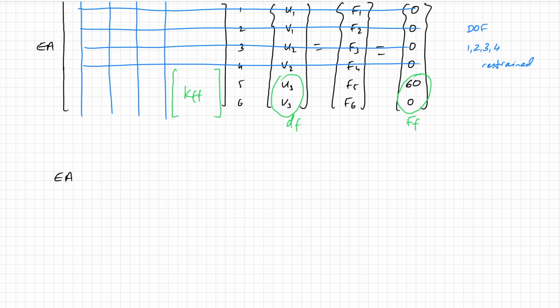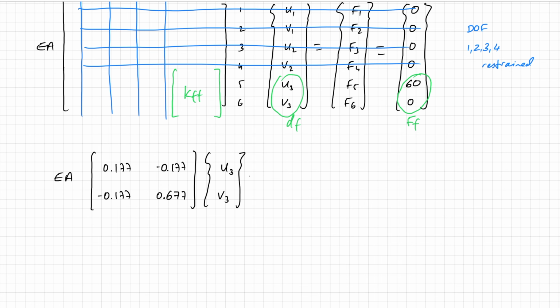So you have EA, and then we just need this little bit of the matrix just for degrees of freedom 5 and 6, and that is 0.177, minus 0.177, minus 0.177 and 0.677. We need to multiply that by U3 and V3, and we already know that the force is 60 and 0.